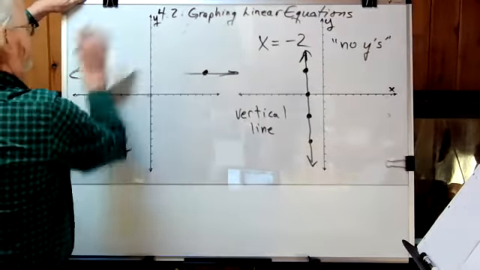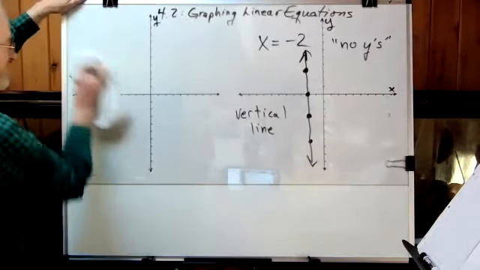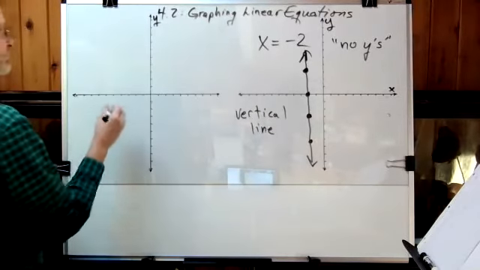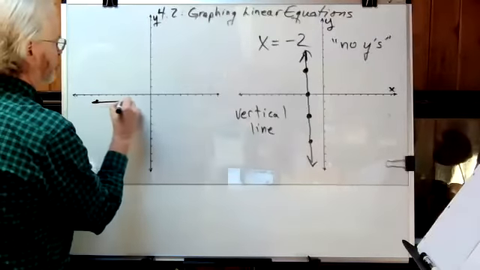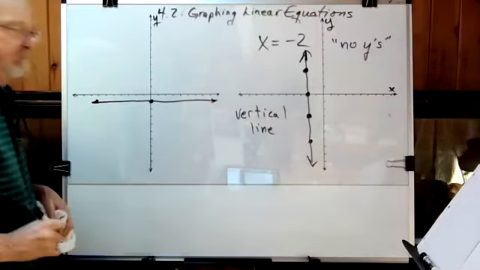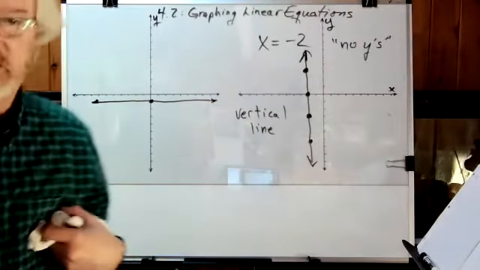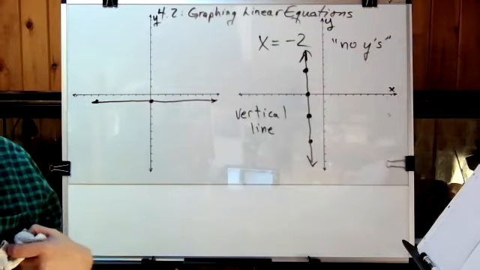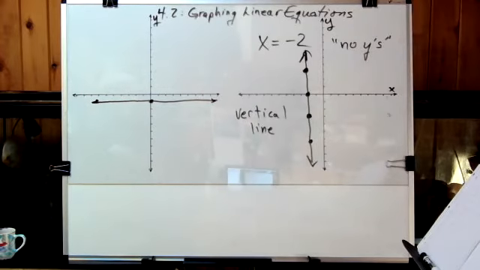So for instance, I saw a problem, if you can see that, that asks, what's the equation of that line? I think it's near the end of 4.2. What's the equation of that line? Oh, that's one of those special ones. It's horizontal.